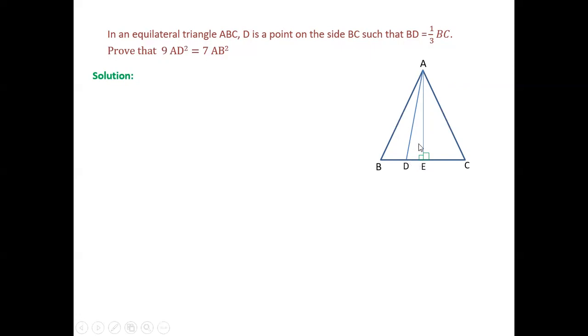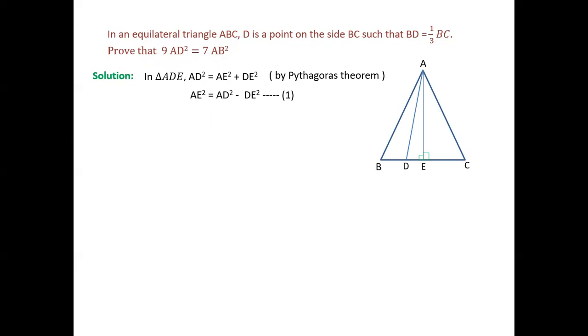In triangle ADE, AD is the hypotenuse, so AD square is equal to AE square plus DE square by Pythagoras theorem. Keeping AE on one side, AE square is equal to AD square minus DE square.